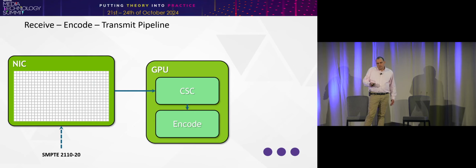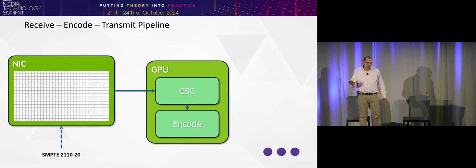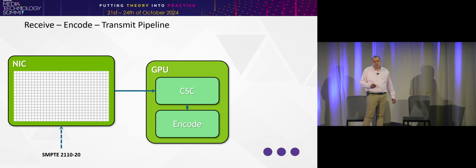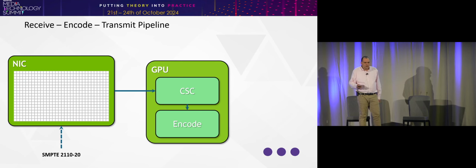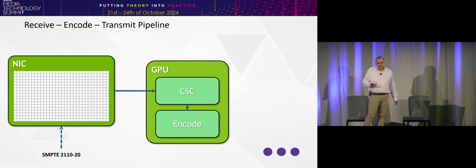There, two things happen. CSC, color space conversion, which is more often than not needed in order to prepare the frame to be encoded using the encode engines, because they only accept specific formats, and you may happen to have a totally different sampling or color space coming in through ST2110.